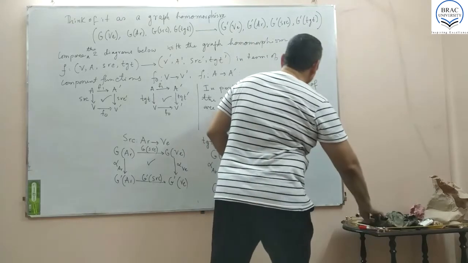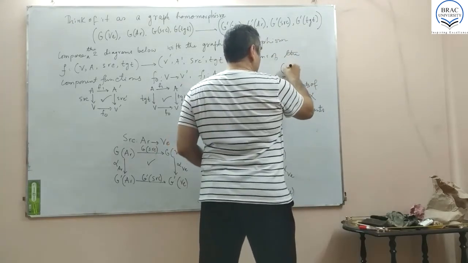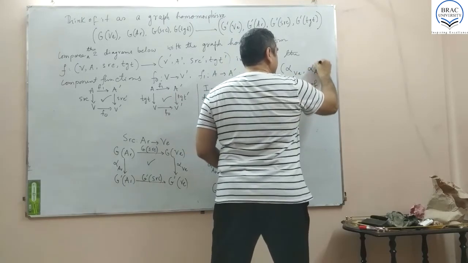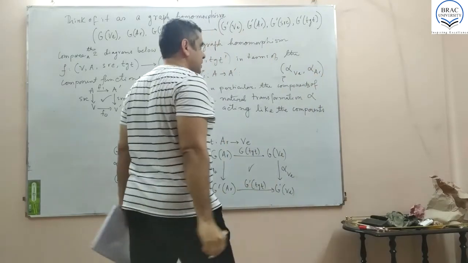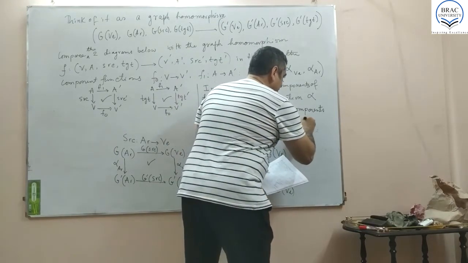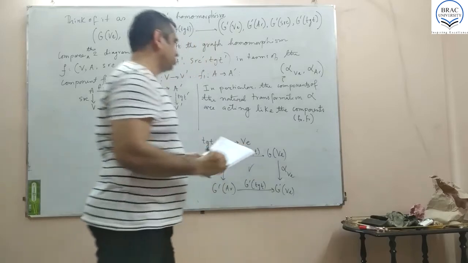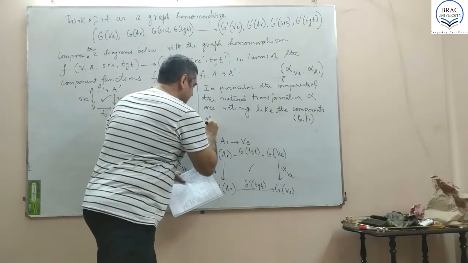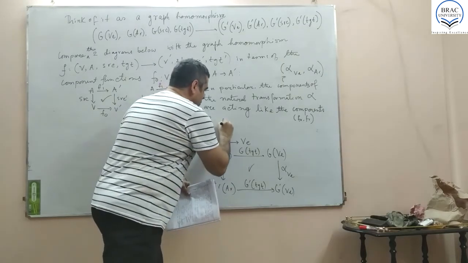Let me write the components in proper order. Alpha VE and alpha AR. Okay? And the components are F0 and F1.